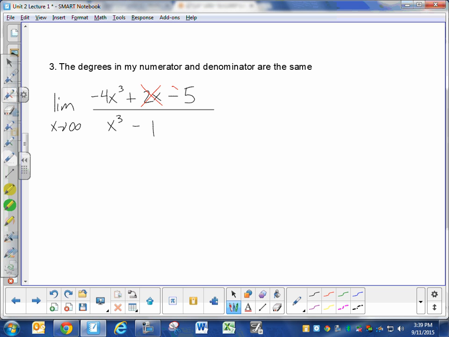Don't care, don't care, don't care. It's just this. And watch what happens. The growth of the numerator and denominator, since they are essentially the same, will cancel each other out. And you will end up with just the coefficients of your highest degree terms.